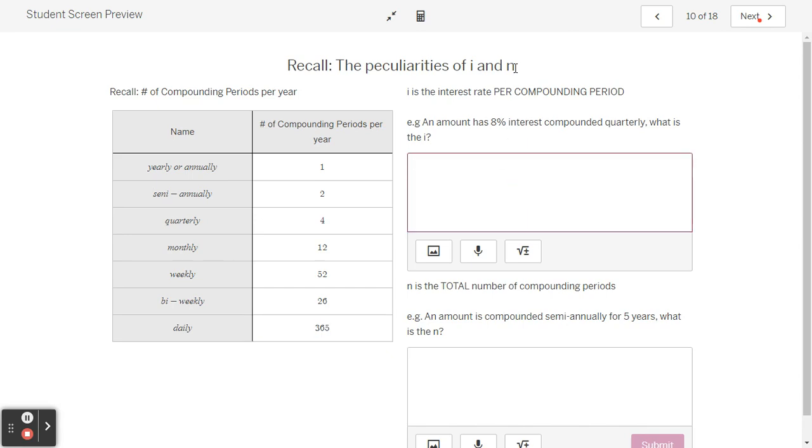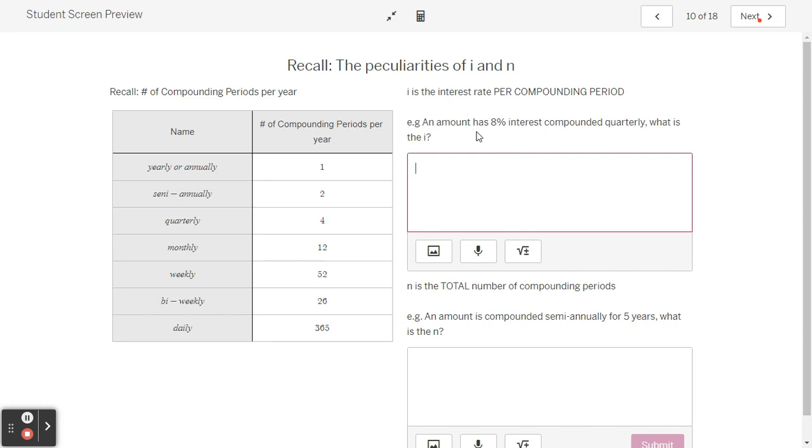Now, remember we said that i represents the interest rate per compounding period. So, what that means is over the year, it's going to give you 8% altogether, but not each time.